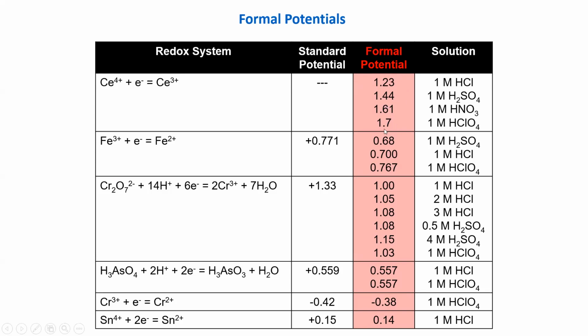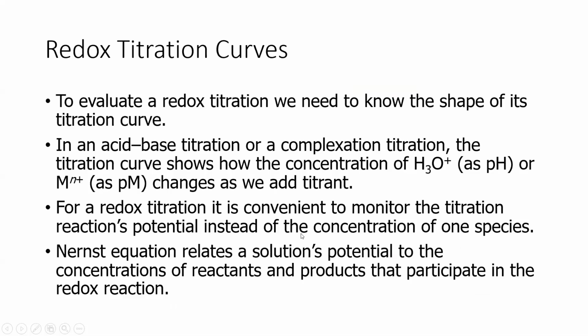And for iron 2, in different media, you have different electrode potentials. For dichromates, in different media and different concentrations of your acid, as the strength of the acid increases, the potential also increases. So we'll be looking at this later on in detail.